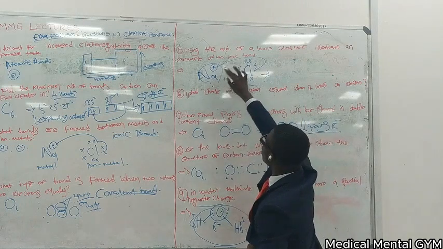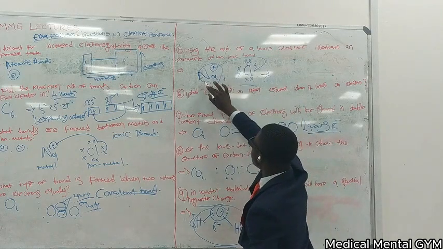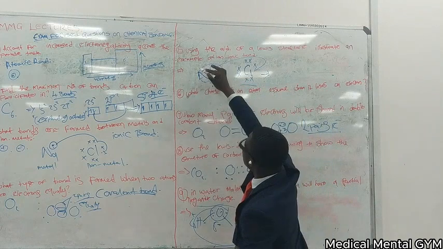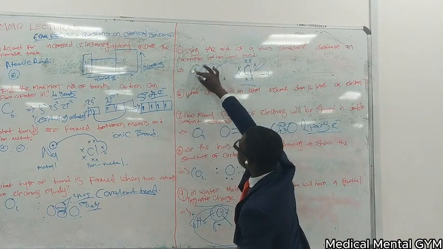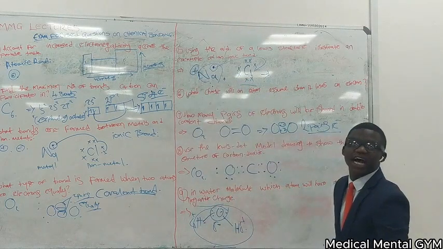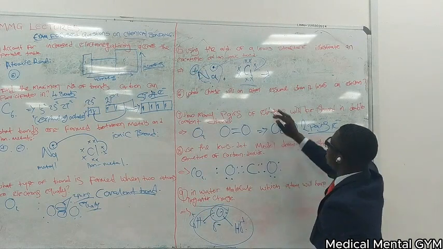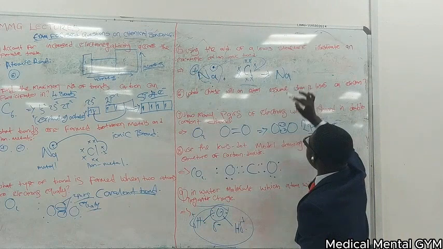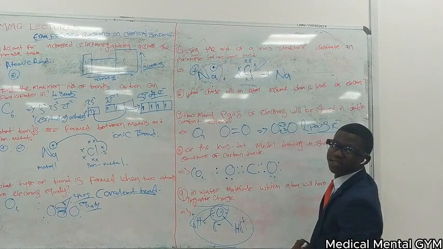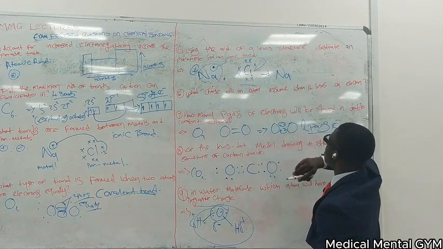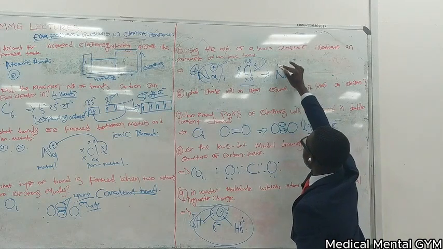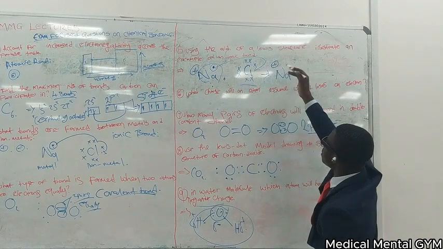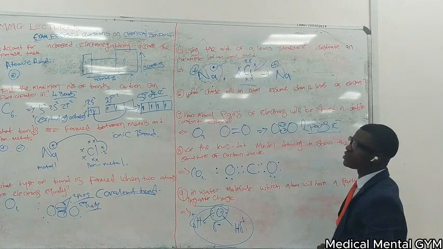So there will be a loss of an electron by the sodium atom, which will facilitate the formation of a positively charged ion. So this sodium in the Lewis structure will appear with no electron, the electron which has been lost, and a positive charge due to the loss of that electron.